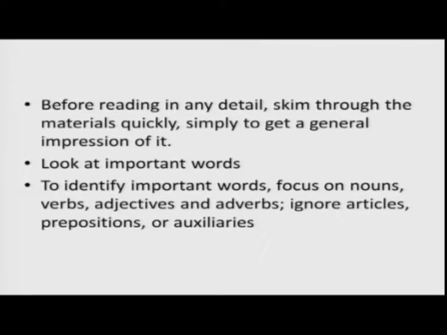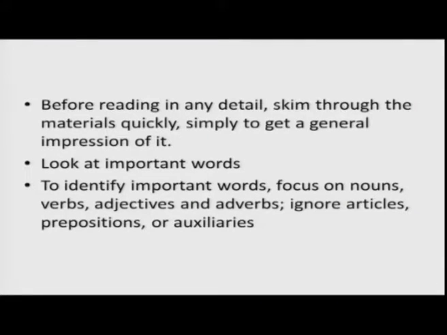So, before reading any text in detail, we skim through the materials very quickly, simply to get a general impression. And one important strategy which we can all use is looking at important words. So, what are these important words?